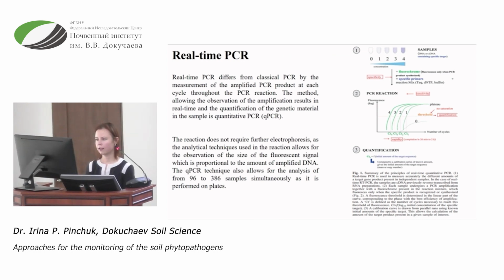The method is very useful when samples are small, and we can also run a lot of samples simultaneously, like 200 to 300, and quantify how many different pathogens can be in our sample.